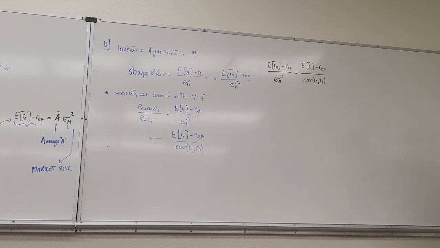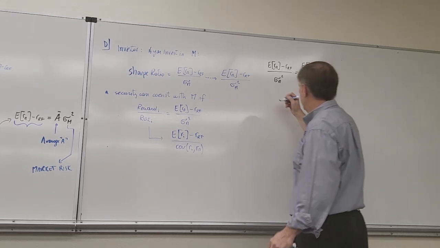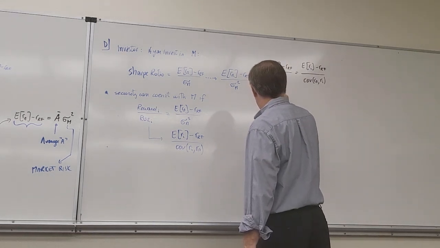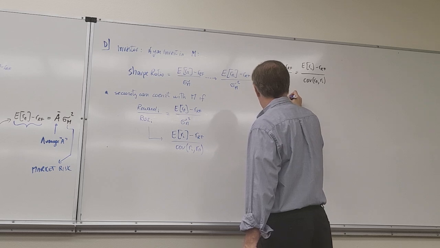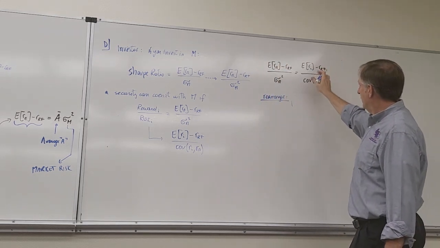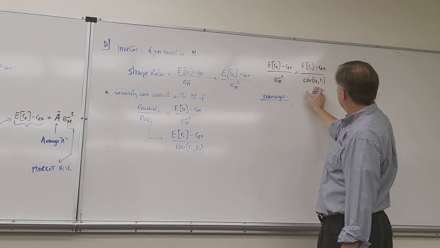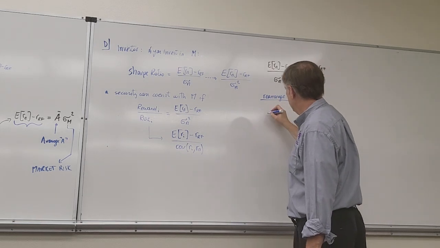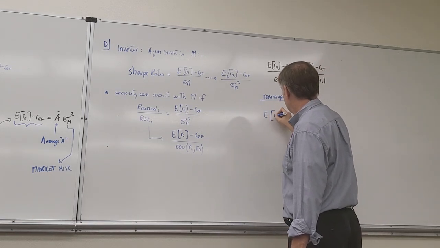Now you can rearrange it using algebra. Basically solve for it: multiply both sides by the covariance and then switch the order, and you get these.